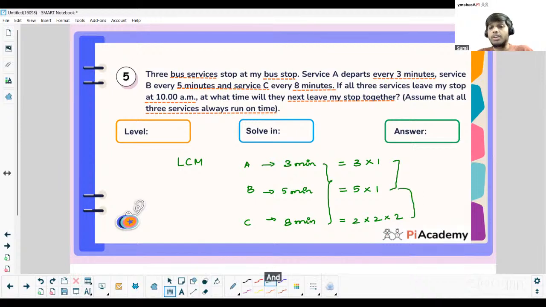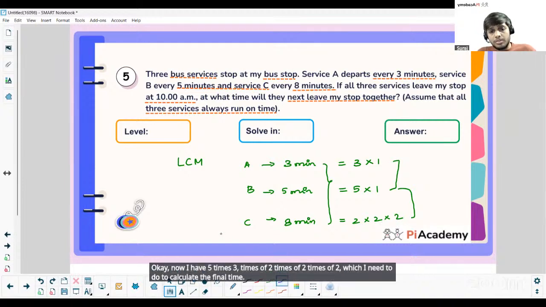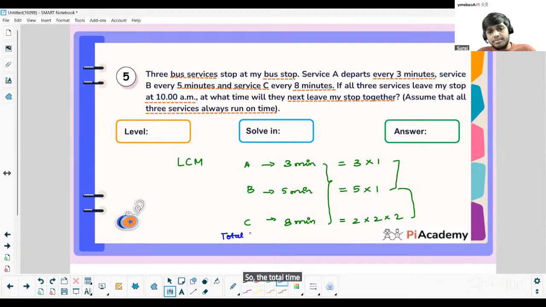This is a short trick that you have to remember for all the questions: whenever there is no common factor between numbers, you simply multiply them. Now I have 5 times 3 times 2 times 2 times 2, which I need to do to calculate the final time. So the total time here will become 3 times 5 times 8, which is equal to 40 times 3, which is 120.